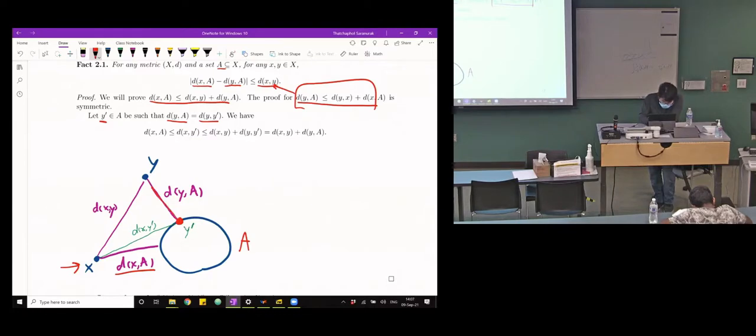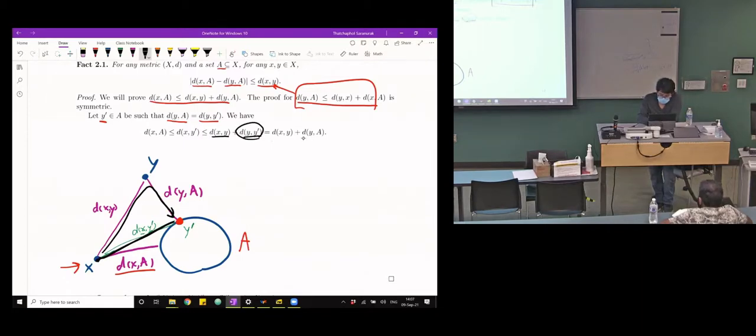So this is the point in A that is closest to Y. And we have that dxA is at most the distance from X to Y prime, for sure. Then by triangle inequality, to go from X to Y prime is at most to go from X to Y and then Y to Y prime.